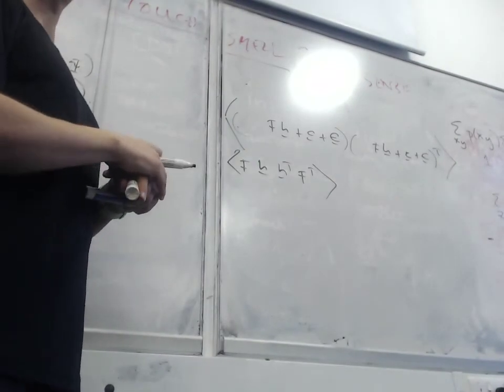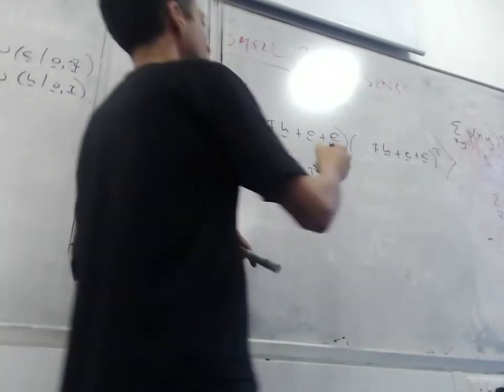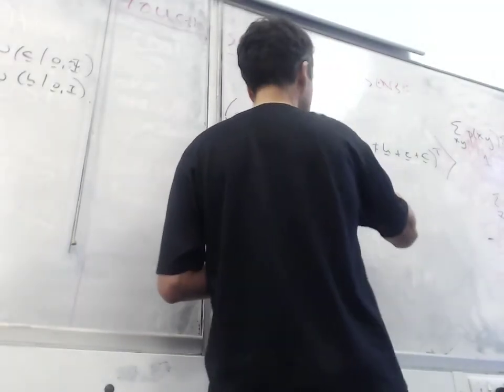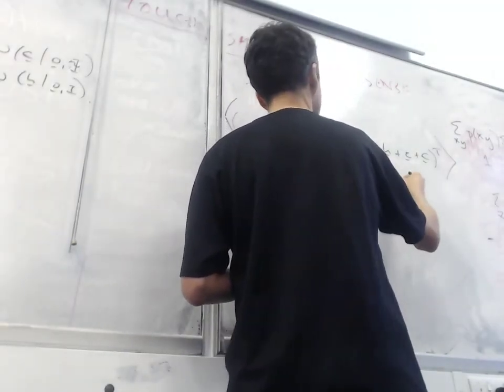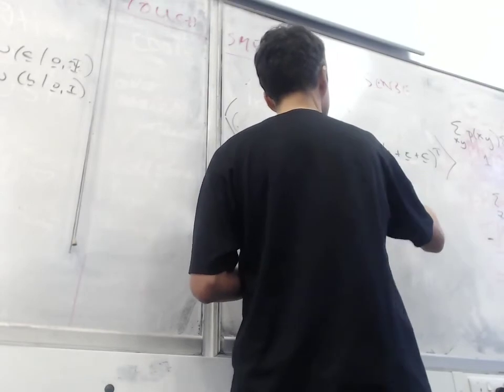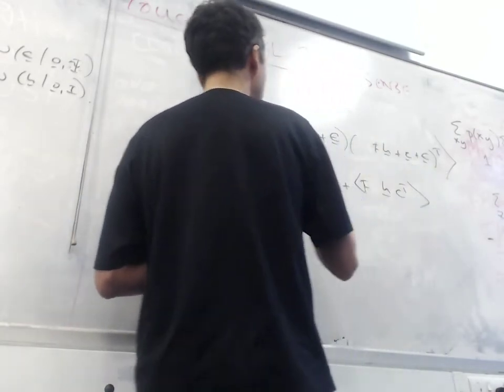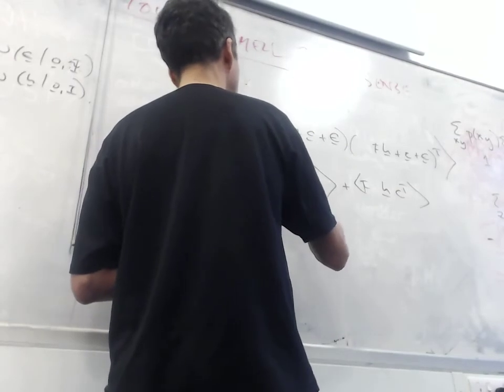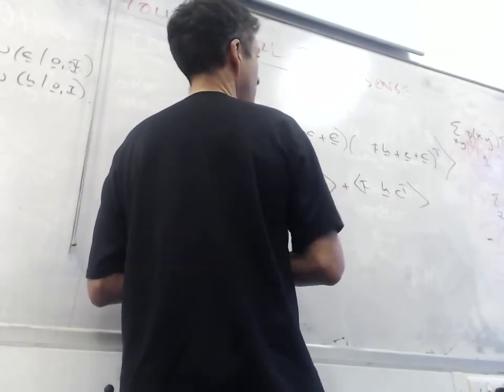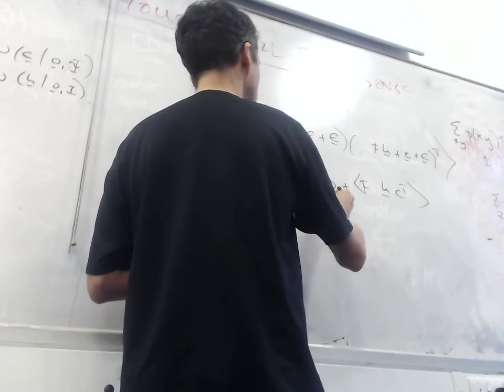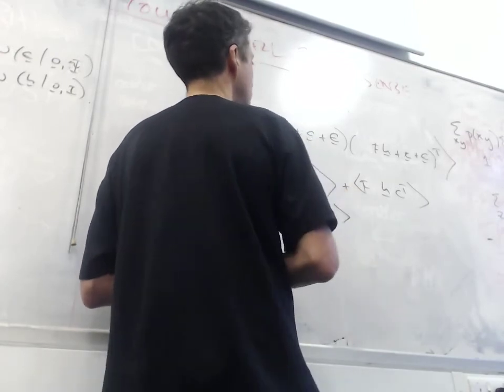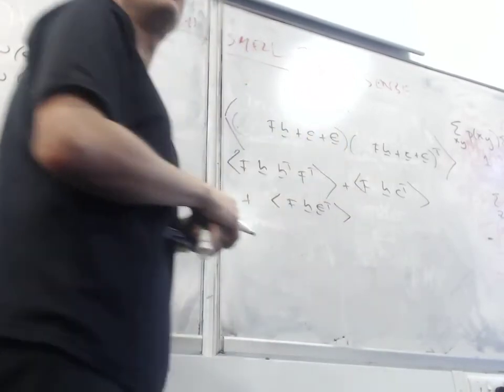So fh c transpose, expectation. And the third one would be plus the expectation of fh epsilon transposed.